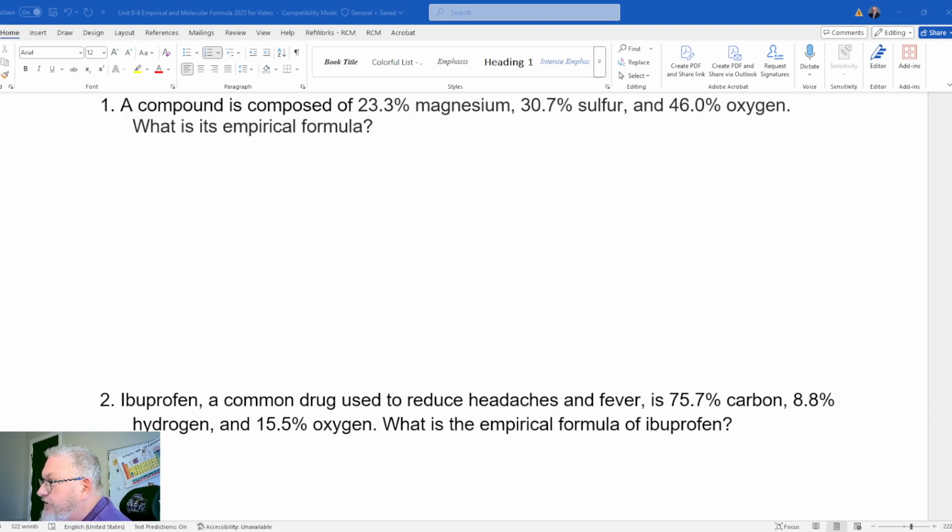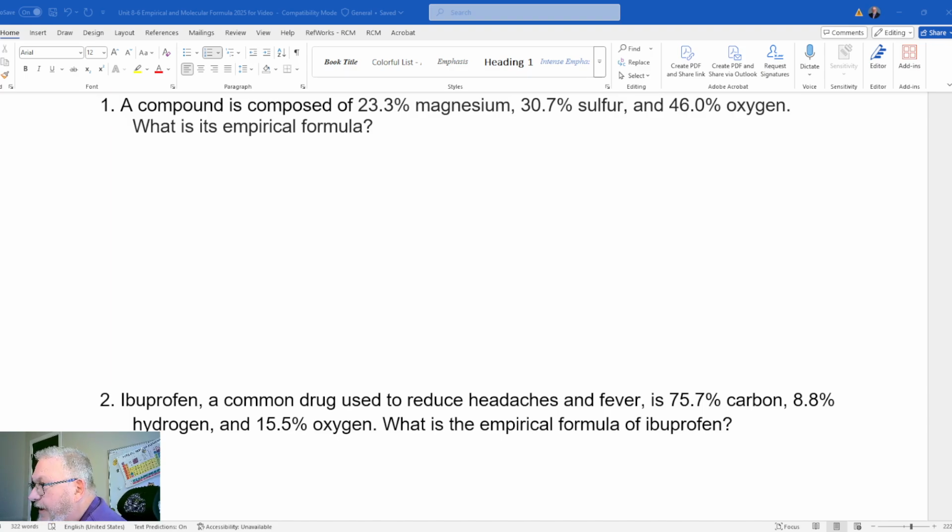So if all this adds up, 23.3 plus 30.7 plus 46.0%, we can assume that it's 100%. So we're just going to make all of these grams, right? And we're going to take it out of 100 grams, right?